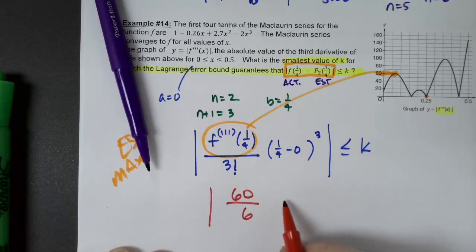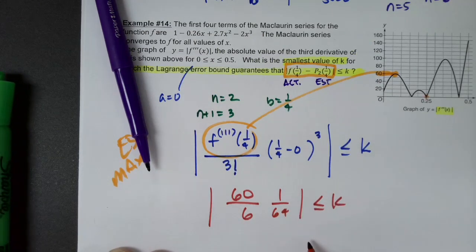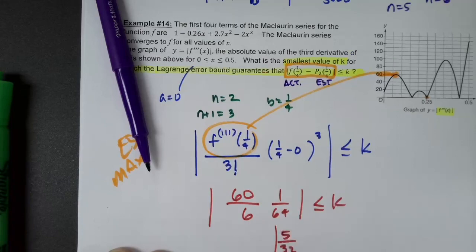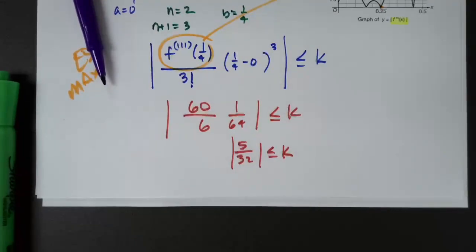So 1/4 cubed will be 1 over 64. Slide that in your calculator, and you'll get 10/64, 5/32 will be what k cannot exceed.